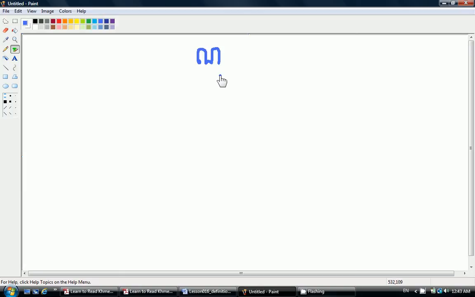Now we're going to write naw with all the vowels that we have learned. Start with na. Naw sra na. Start with the inside circle, naw. Now sra a. Na.